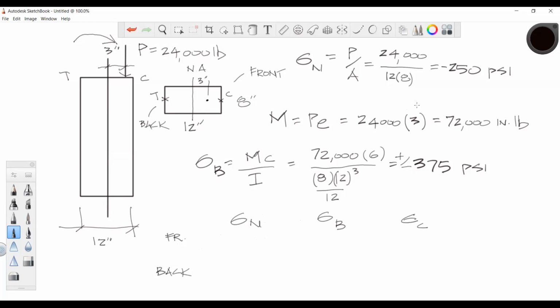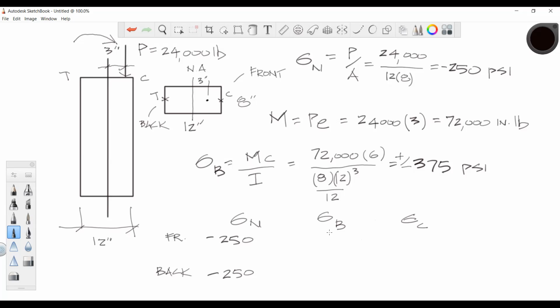So the normal stress is negative for both, front and back. That's a negative 250. Because whether you're front or back, that column's still in compression due to the normal stress. Or it developed as compressive stress, I guess I should say.